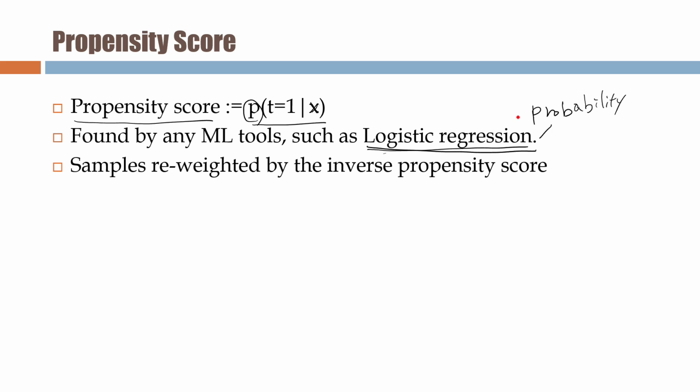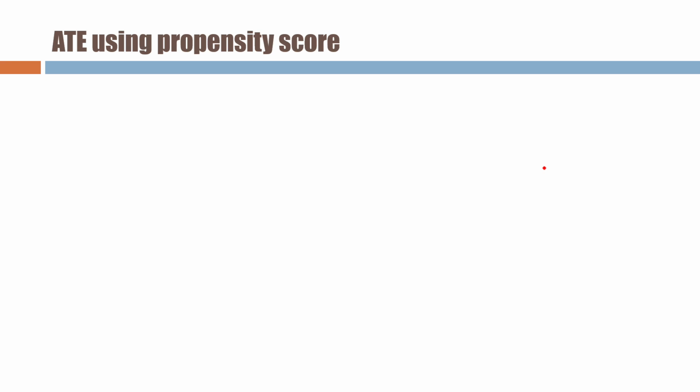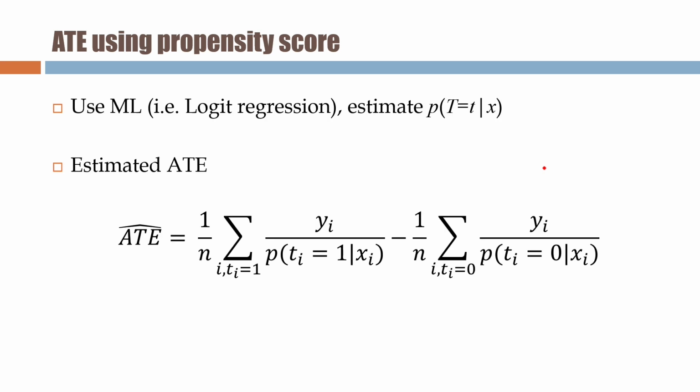I have to estimate the probability, right? And then the sample is re-weighted using the inverse propensity score. So inverse means we're going to divide by the score. So what we're going to do is calculate the ATE. We are applying it, we are not simply calculating it.